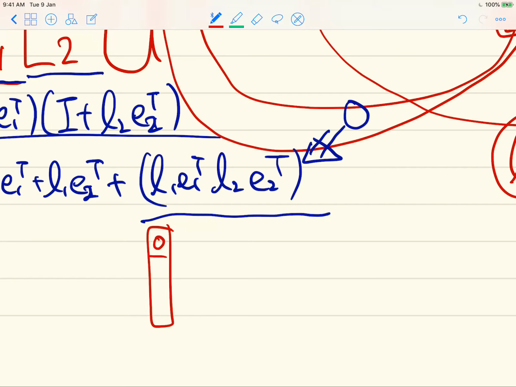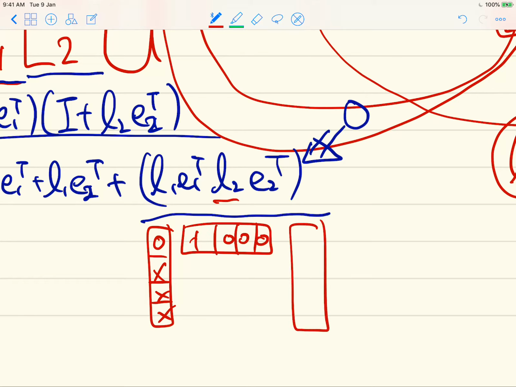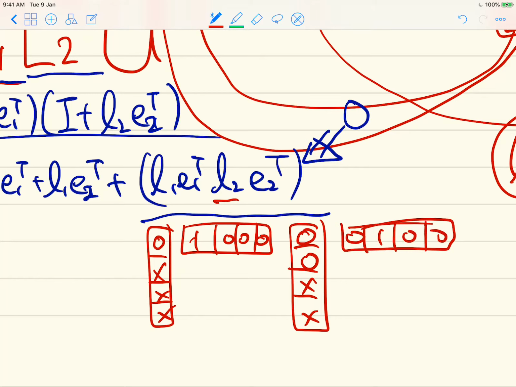So we have 0 and some non-zero, and 1 and 0, 0, 0. Okay, and then L2 has at least the first two entries as 0 and then non-zero over here, and 0, 1, 0, 0, right?